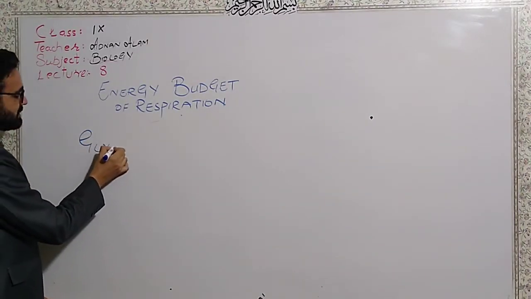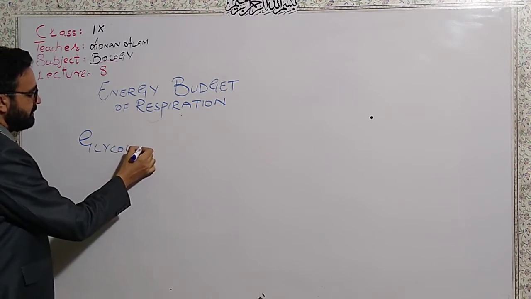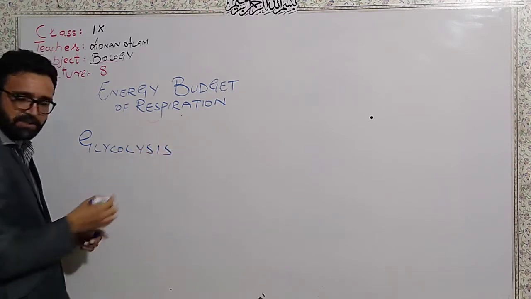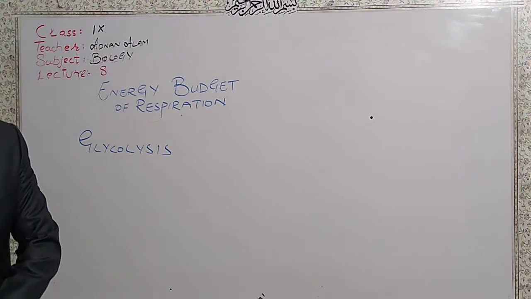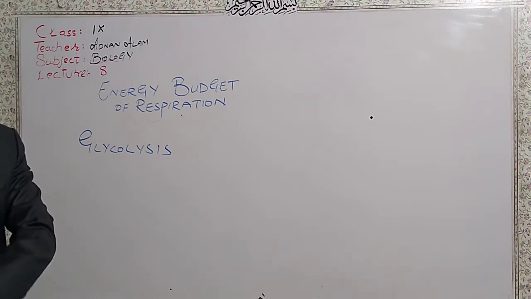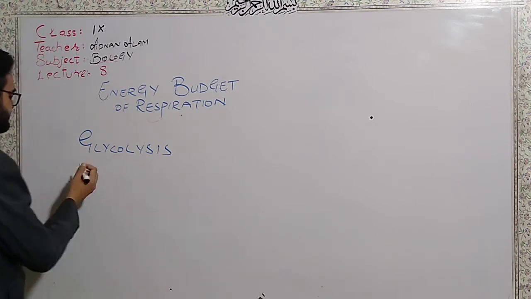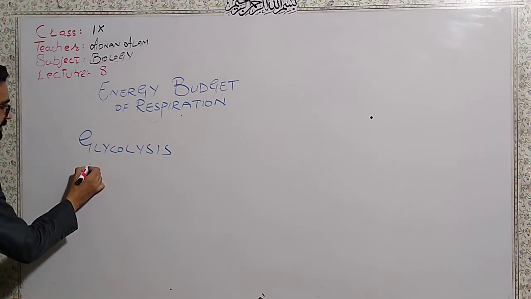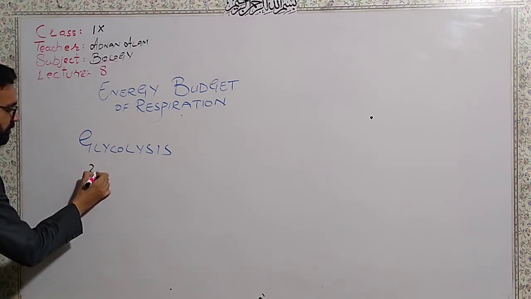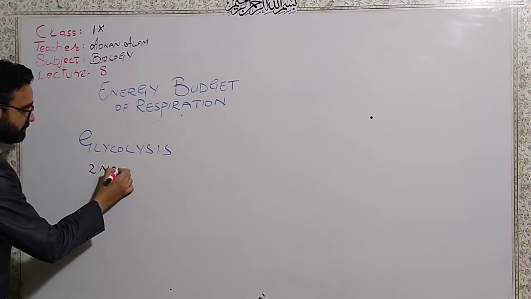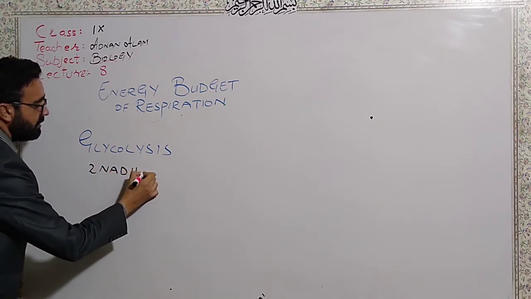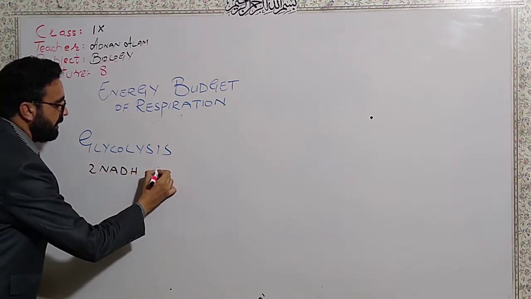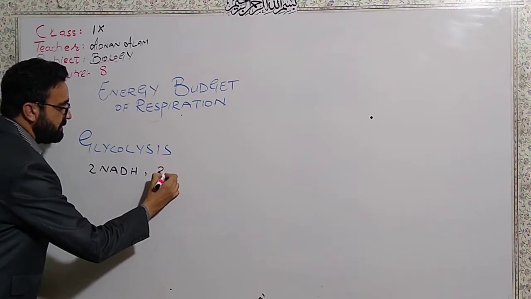In glycolysis, our net production was 2 NADH and 2 ATPs.